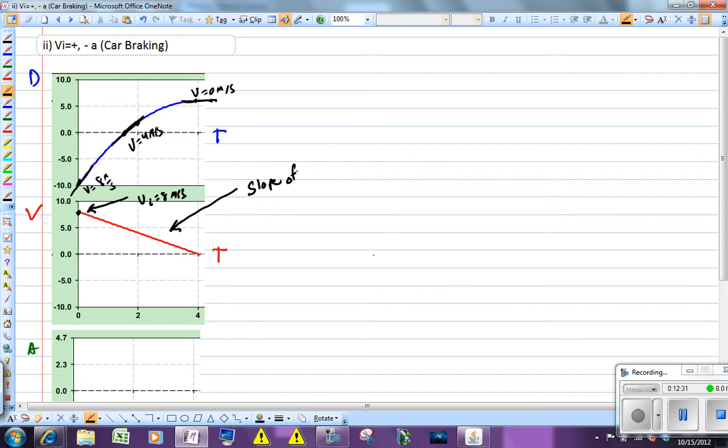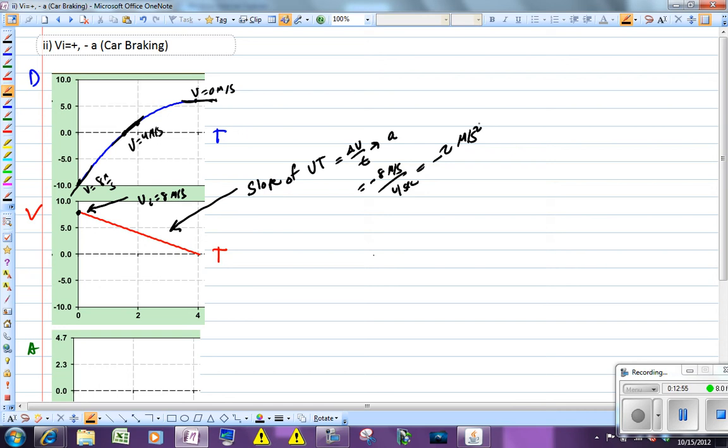Remember, the slope of a VT graph gives you the change in velocity over time, also known as the acceleration. So the numbers here, the change in velocity is going to be -8 meters per second divided by 4 seconds. That's going to give you an acceleration of -2 meters per second squared. Exactly what I put in for the simulation.